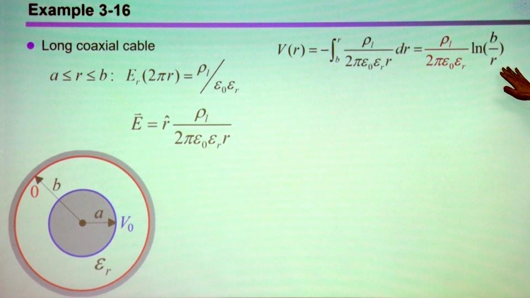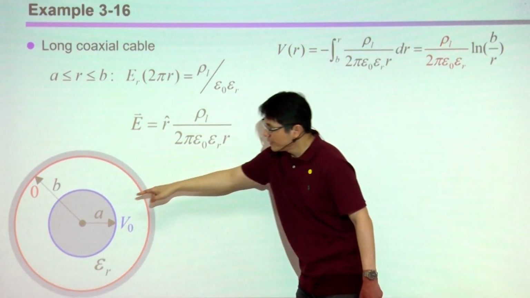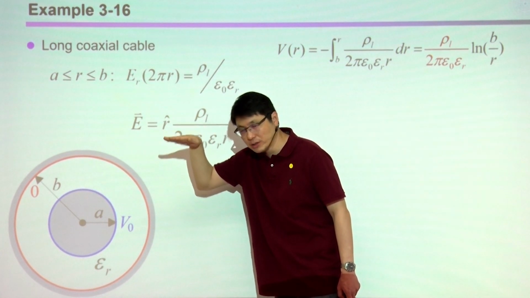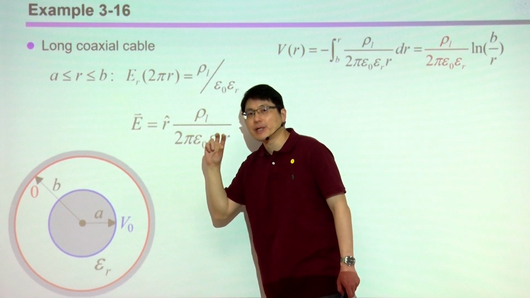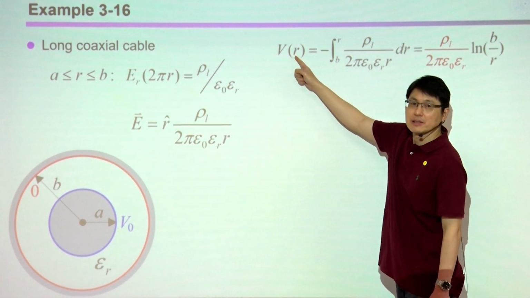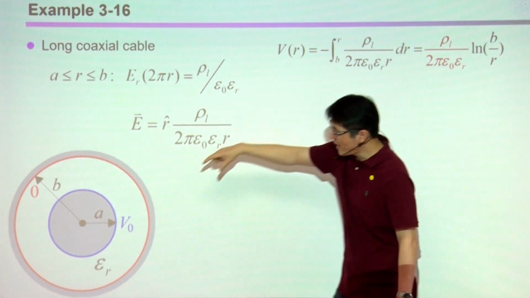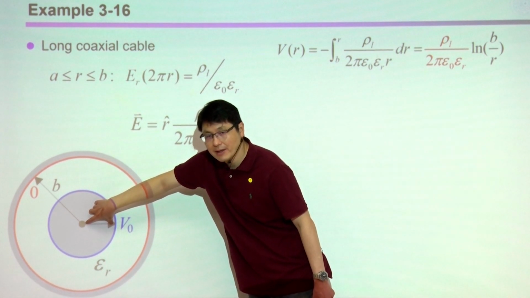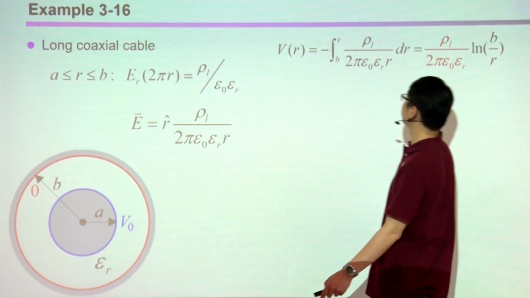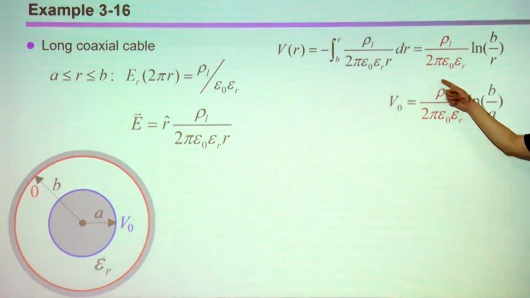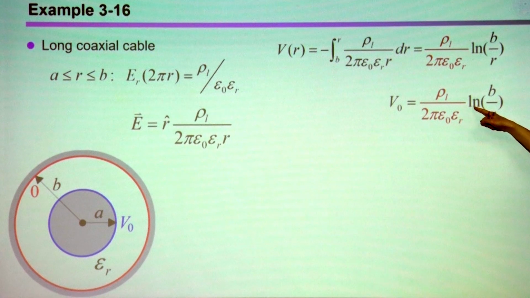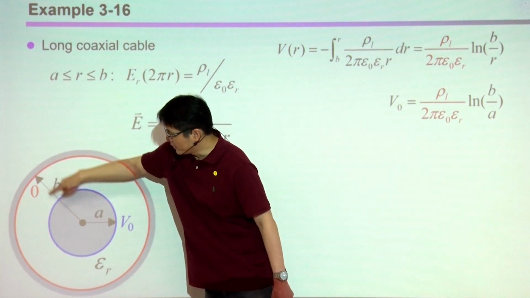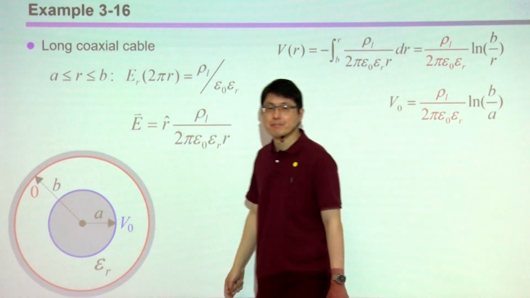For this particular case, because we already know that the inner conductor is held at a high electric potential of V0, we can replace this r with a, a being the radius of the inner conductor, and that has to be equal to V0. So V0 is equal to this natural log of b divided by a, b being the radius of the grounding metal.